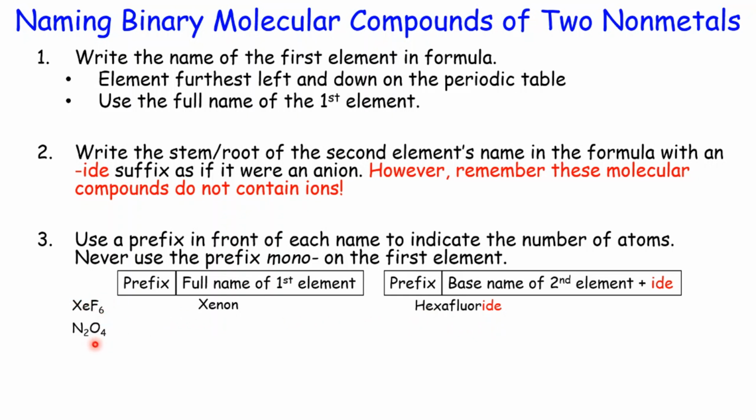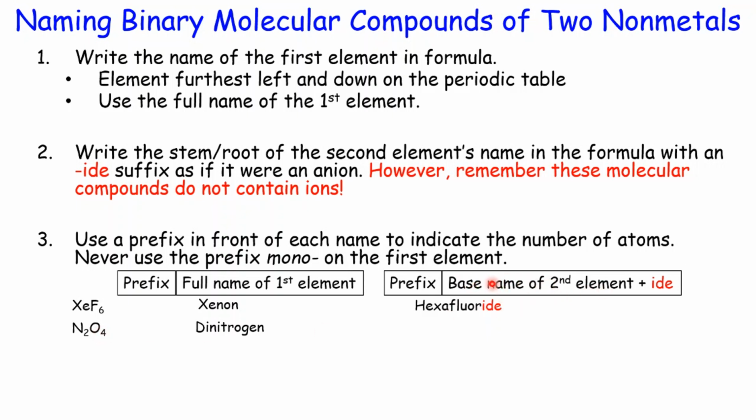Another one. The first element is nitrogen, and the prefix 2 means di, then the full name of the first element. So therefore, it's dinitrogen. Then for the second one, the prefix should be tetra. And then you don't say tetraoxygen, you say tetraoxide.